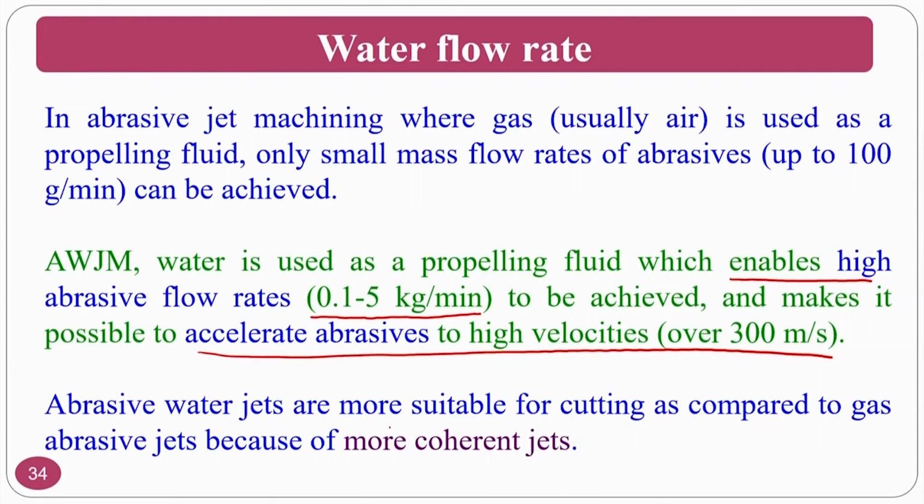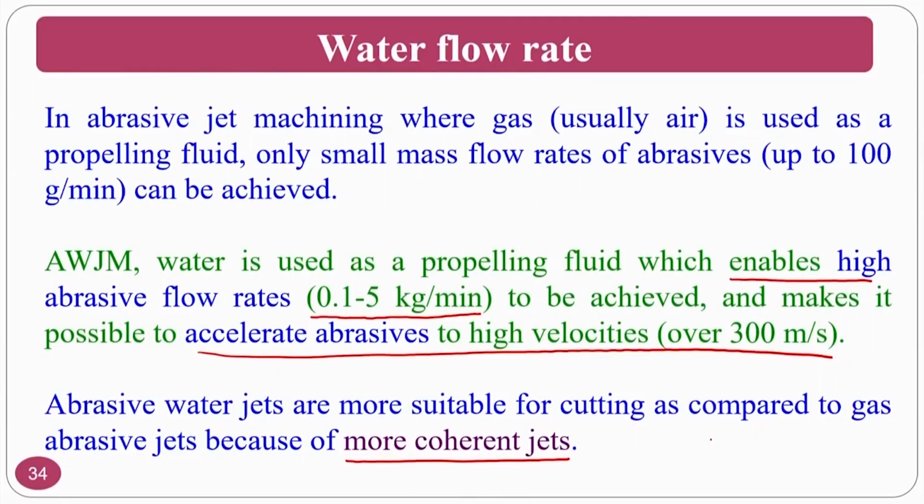Abrasive jets are more suitable for cutting compared to the gas abrasive jets because of the more coherent jet. That is what I was telling: compared to the gas jet, in this condition the jet is coherent. I mean to say, in an abrasive gas jet, once it comes out of the nozzle, there will be a chance of diverging because air is there.